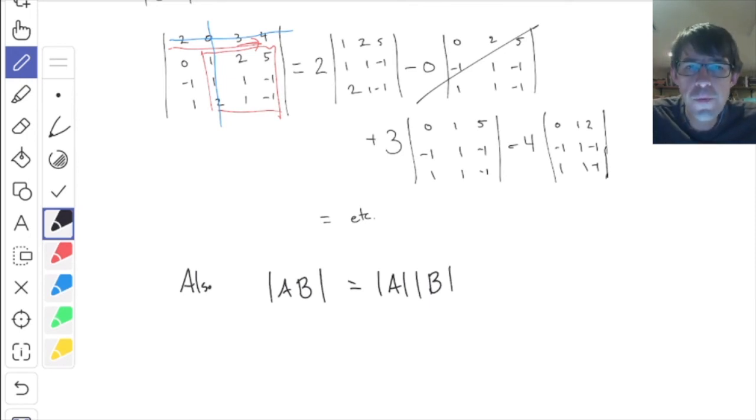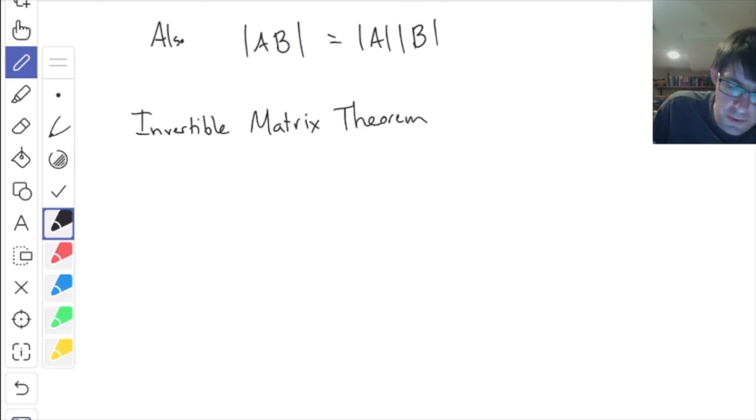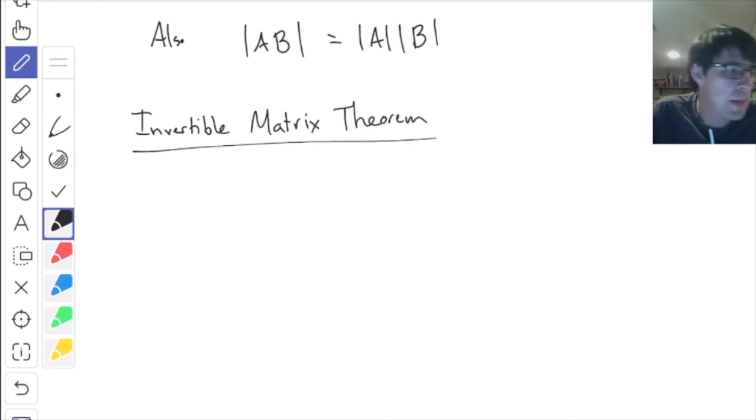One thing that forms the backbone of the whole semester in linear algebra is what some books call the invertible matrix theorem. If you know that a certain matrix is invertible, that immediately tells you lots of other things about that matrix. So this is about an n by n matrix.